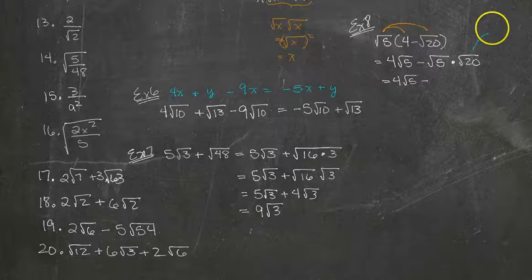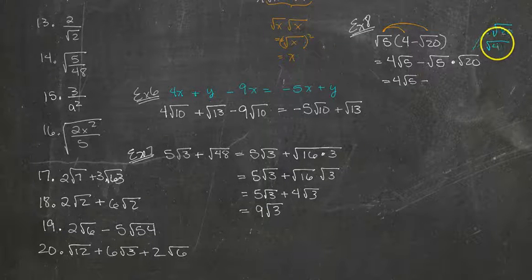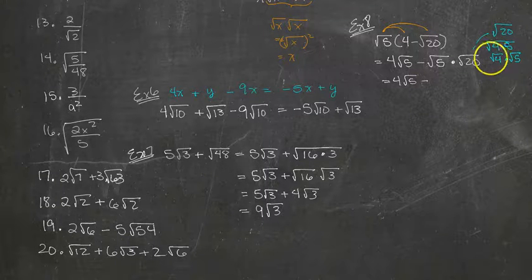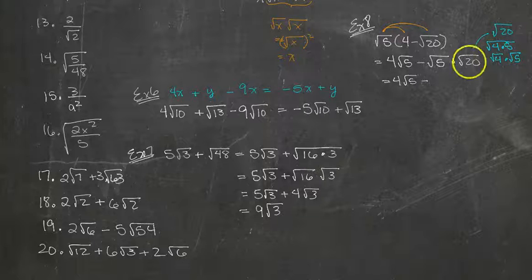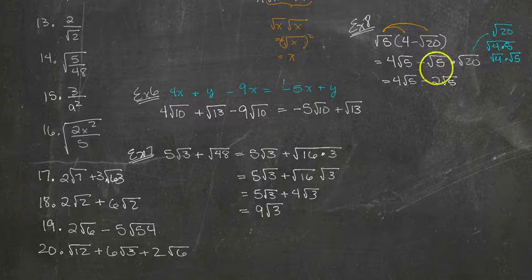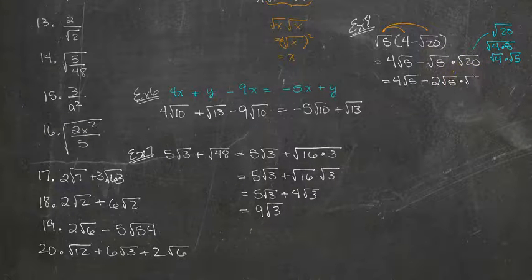Yes? Root 20 is the same as the square root of 4 times 5. So if I separate those, the square root of 4 times the square root of 5, I get a 2. So root 20 is really the same thing as 2 times the square root of 5, right? But I still have a square root of 5. So let's track those to make sure.